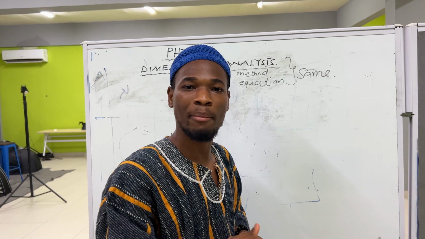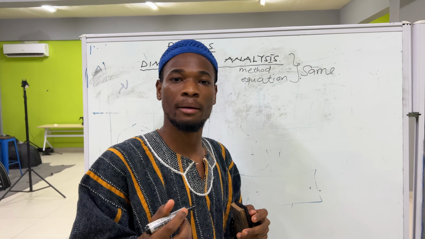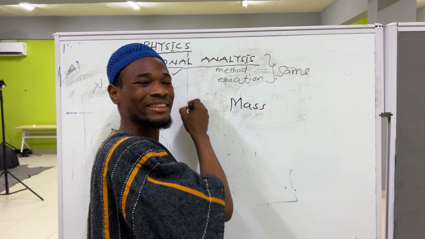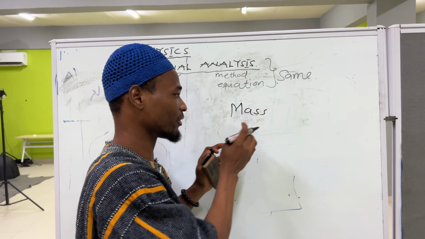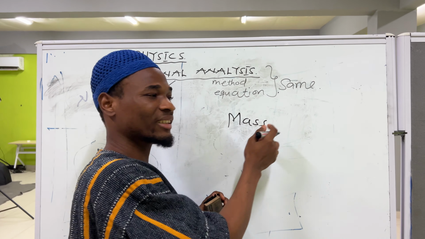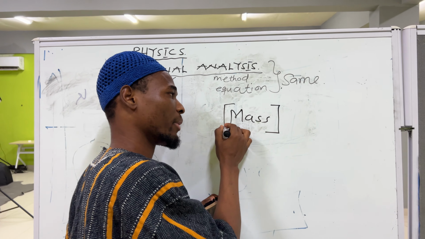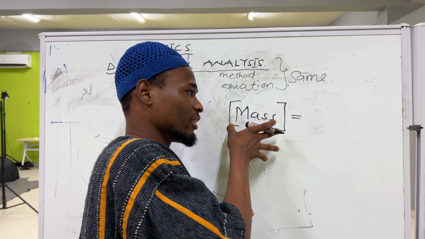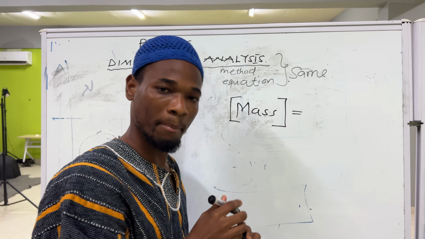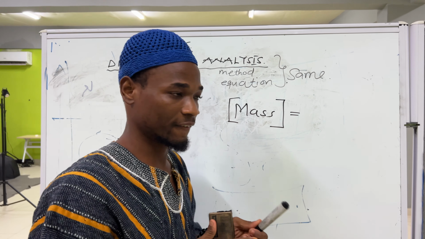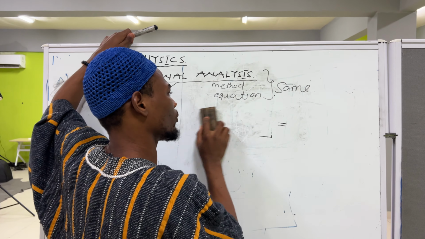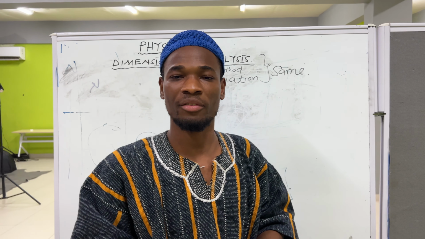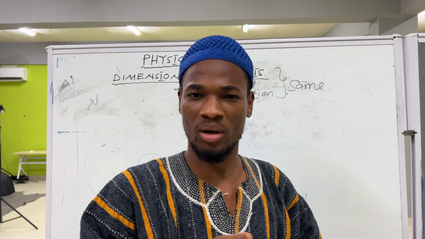If I want to take the dimension of a quantity, let's say mass, I will not write the dimension of masses. I will just write mass and put it in a square bracket to mean that I'm taking the dimension of the quantity called mass. Are you okay? Good.